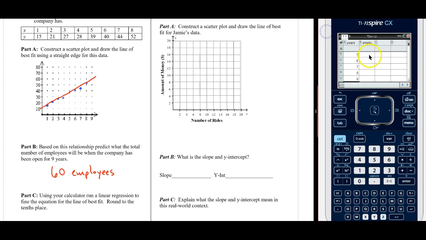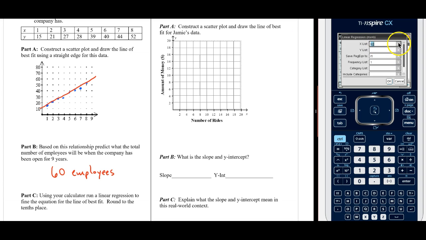Go over to employees, and we've got 15, 21, 27, 28, 39, 40, 44, and 52. Alright, once we're done with that, to do the linear regression, we do Menu, Statistics, Stat Calculations, and we're going to do number 3, Linear Regression, mx plus b.